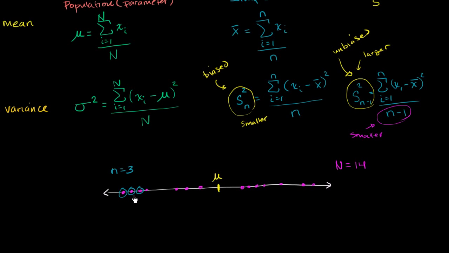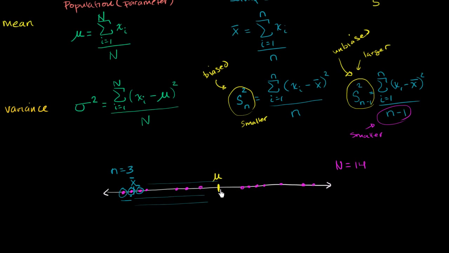So here your sample mean is going to be sitting someplace in there. And if you were to just calculate the distance from each of these points to the sample mean, so this distance, that distance, and you square it, and you were to divide by the number of data points you have, this is going to be a much lower estimate than the true variance from the actual population mean, where these things are much, much, much further.